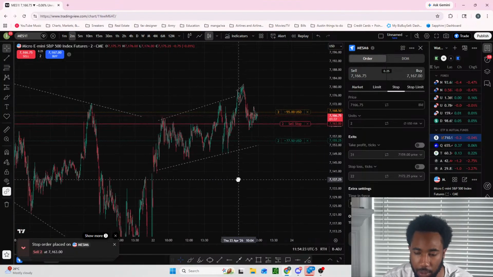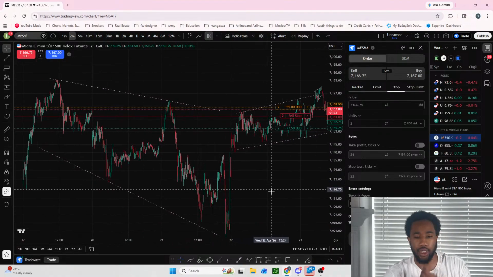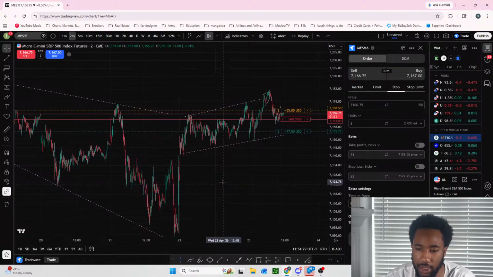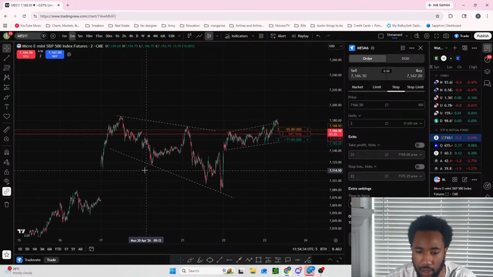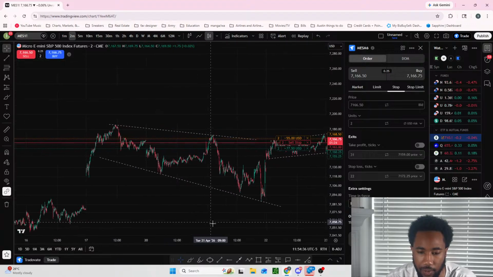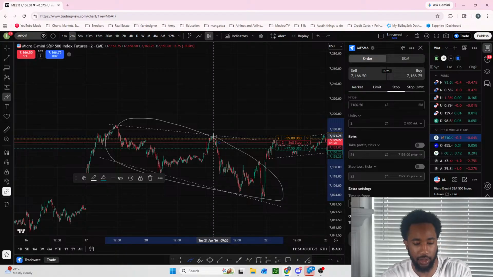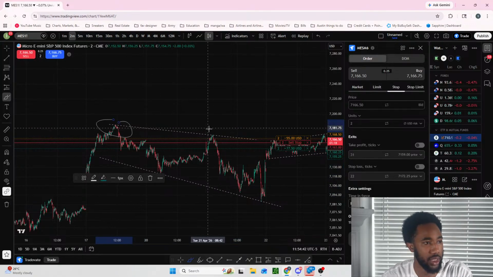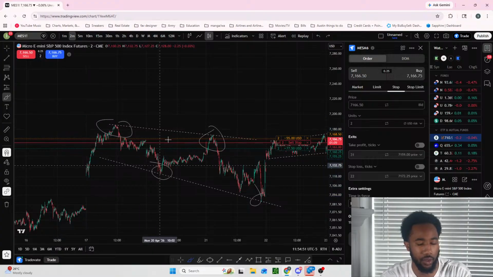Just to really quickly break this down, applying my system to a day trading scale. Of course, last couple days we have this structure, right? Two touches up top, two touches down below here, and this is a move up. This is an impulse up, right?